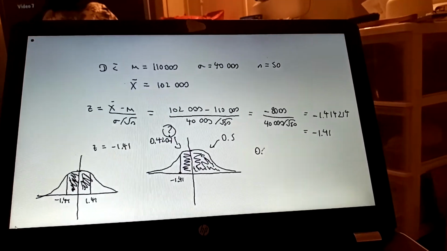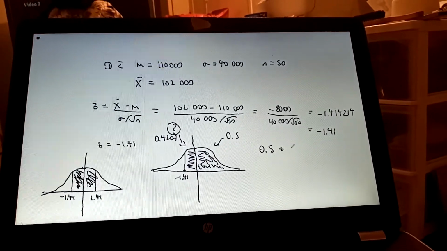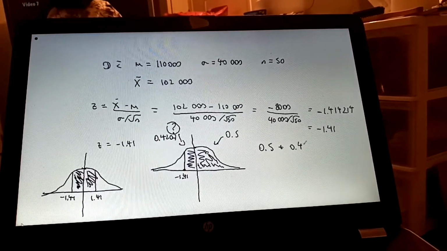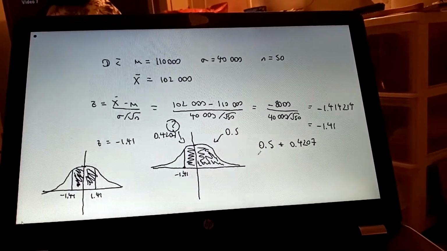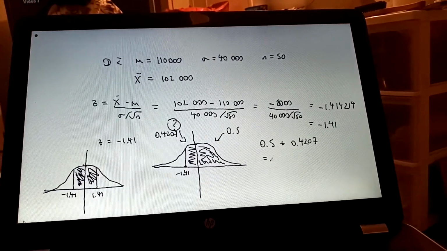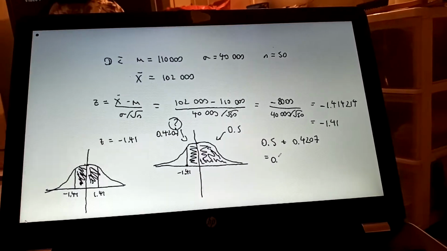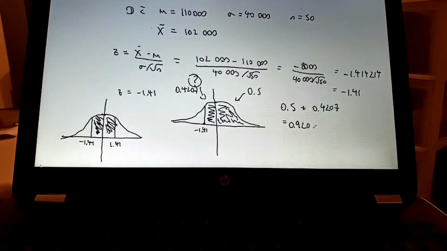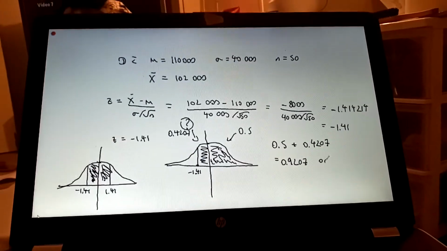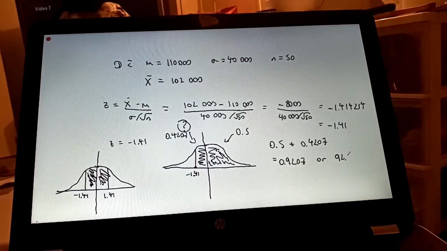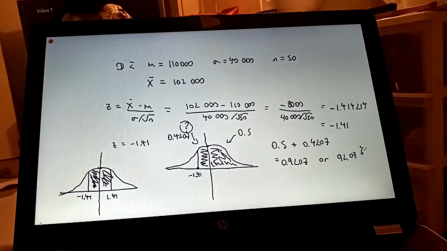So take 0.5 plus 0.4207, and you get, I'm assuming, 0.9207. Or you could write it as 92.07%. It's up to you.